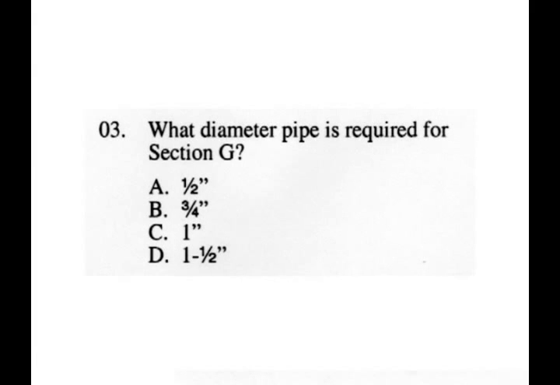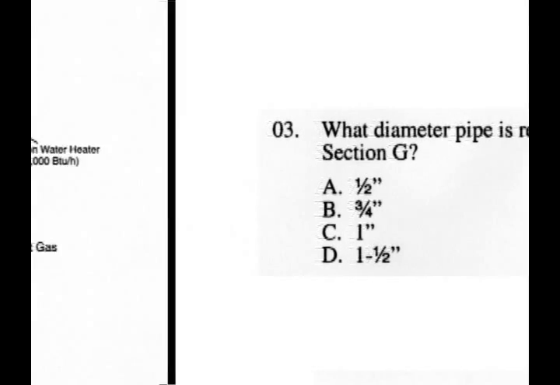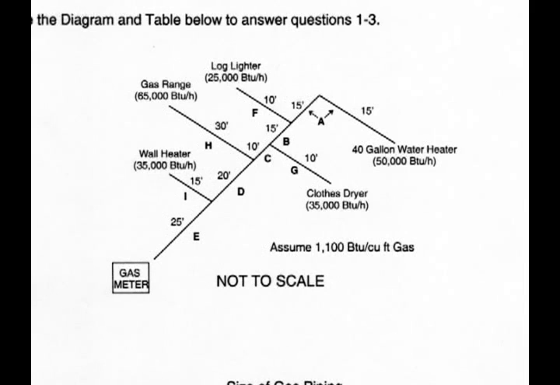Problem number 3. What diameter pipe is required for section G? So section G comes off of the main line, and it serves how many appliances? It serves just one appliance. It serves the clothes dryer at 35,000 BTU. So first, one appliance. The next thing we figure out is what's the length.